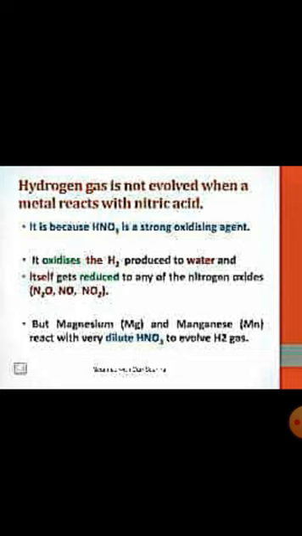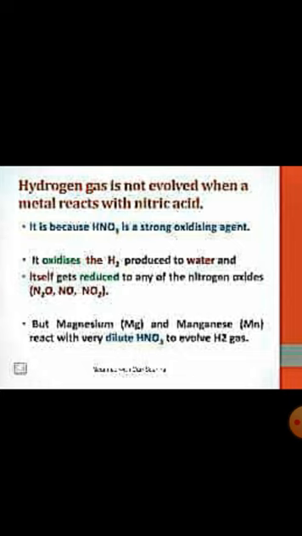But very dilute nitric acid reacts with magnesium and manganese metals to evolve hydrogen gas. This is because very dilute nitric acid is a weak oxidizing agent and is not able to oxidize hydrogen to water.